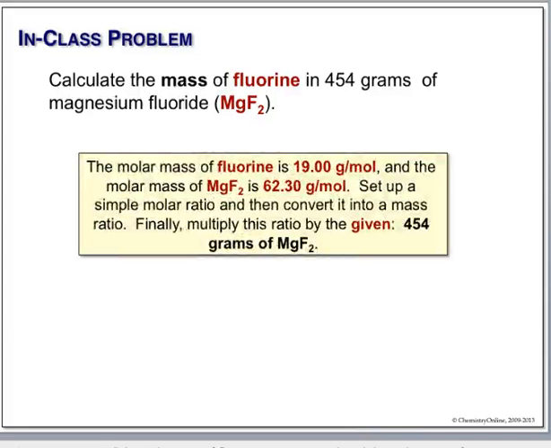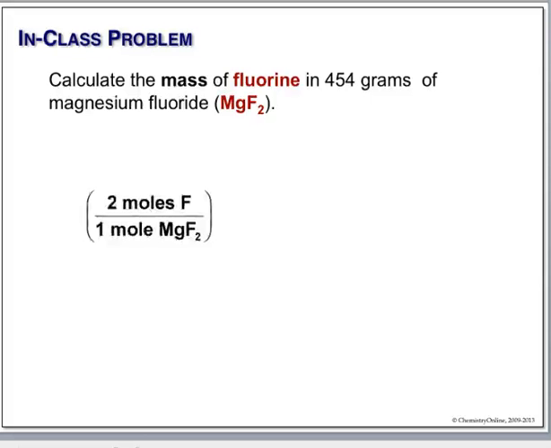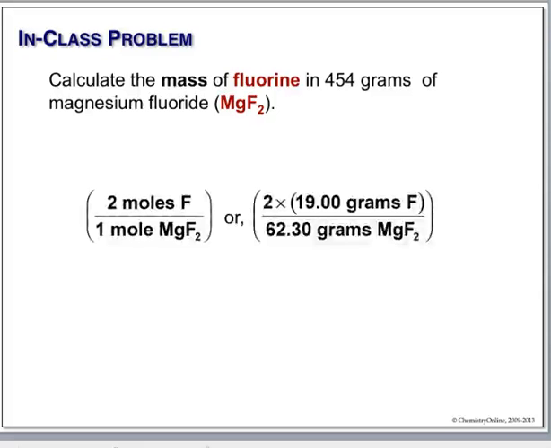Magnesium fluoride is 62.3 grams per mole. Our given here is going to be our pound of magnesium fluoride, but we'll use that in a moment. First, go ahead and set up your mole ratio. Mole ratio is just going to be 2 to 1. Every fluorine is going to weigh 19. The whole thing weighs 62. So we have 38 divided by 62. That would give us our percentage.